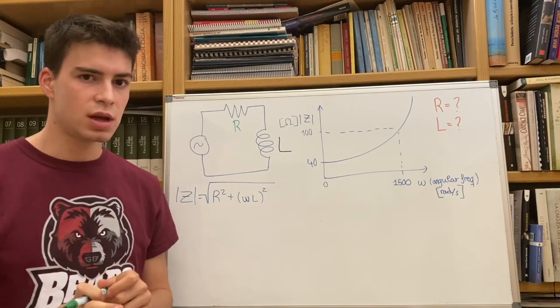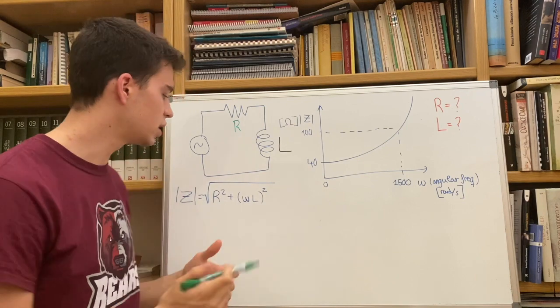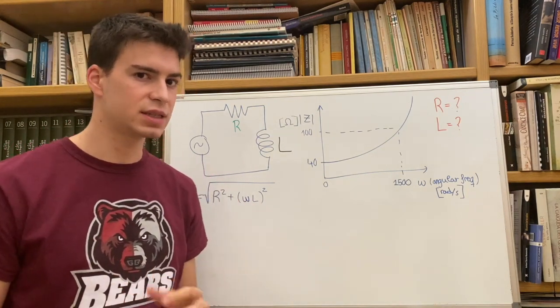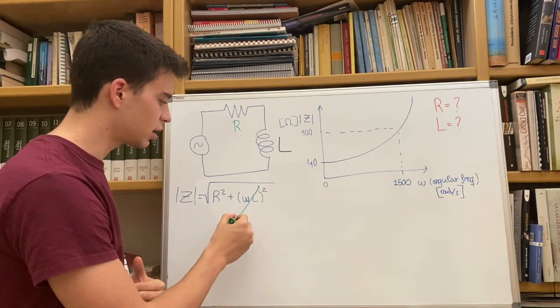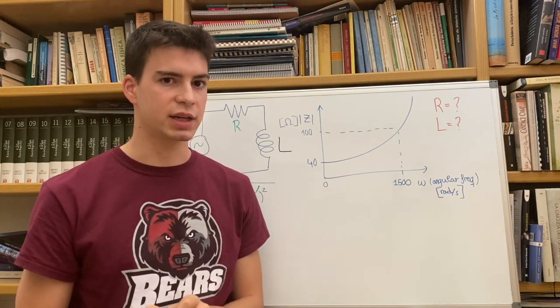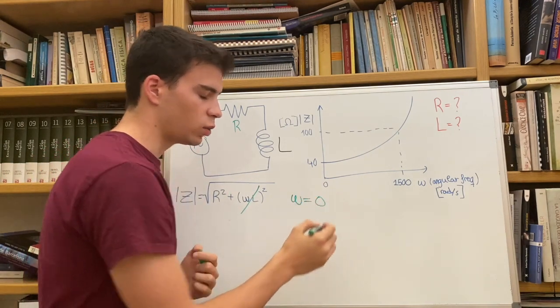So let's try and find a point on the graph where we're going to be able to make calculations easier, and that's a point where this term cancels out. We know this term will cancel out when the angular frequency equals 0.